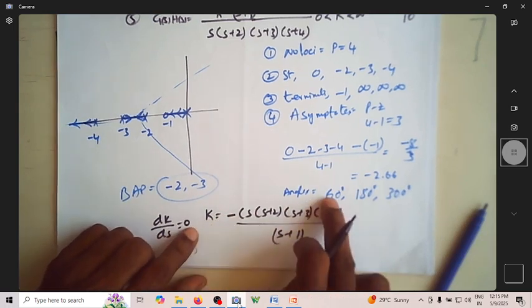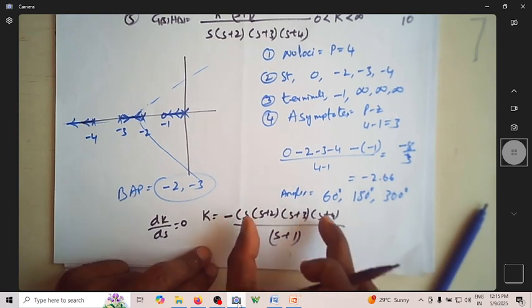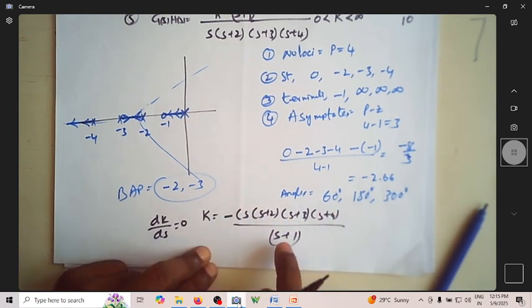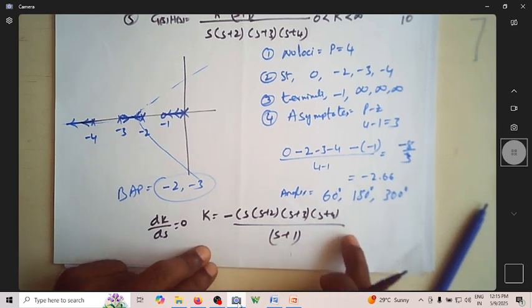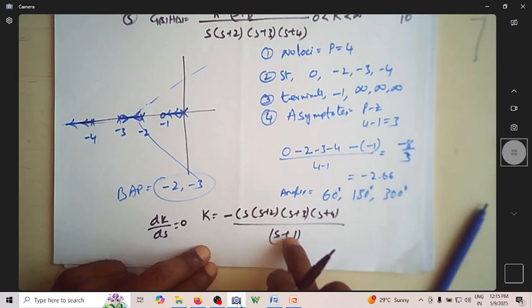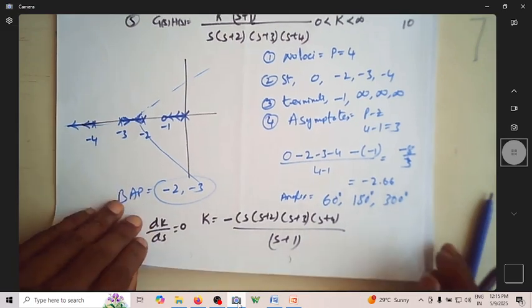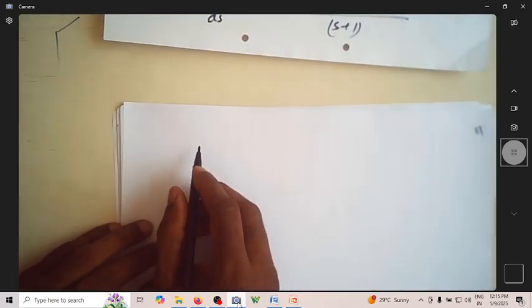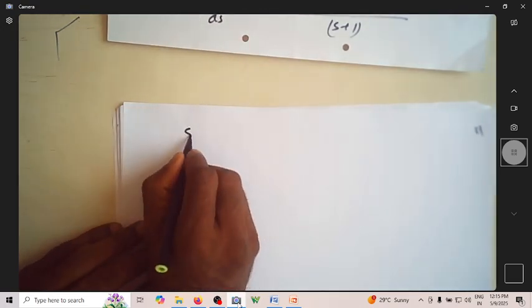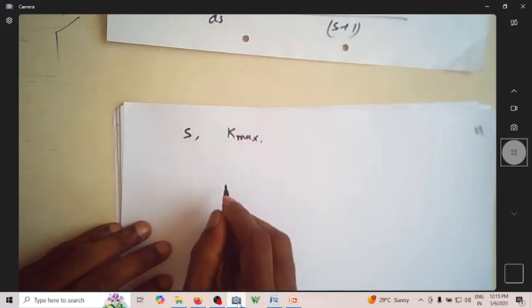Then dk by ds is the derivative of this multiplied by s plus 1 minus the derivative of s plus 1 and multiplication of this, divided by s plus 1 whole square. So instead of doing this dk by ds, we can do another method where we look at the value of s for which you get a maximum value of k.